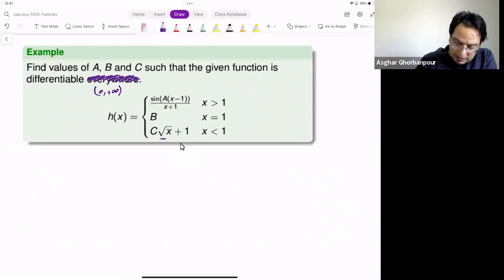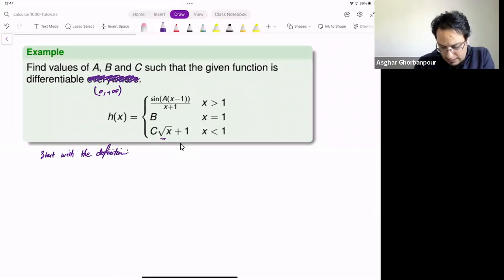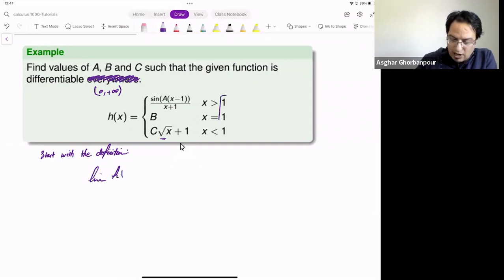Okay, so we start with the definition. With the definition, meaning what? Meaning that I want to go ahead and find h at, well, it's enough to check it for the separated point.